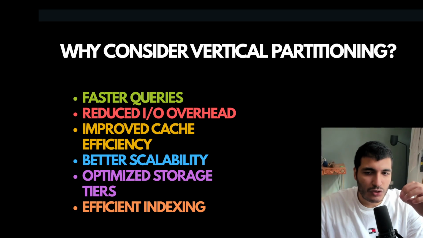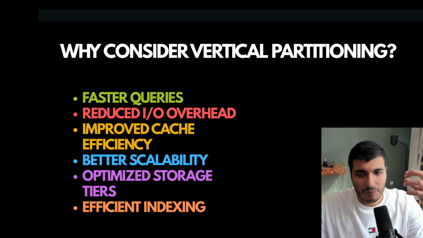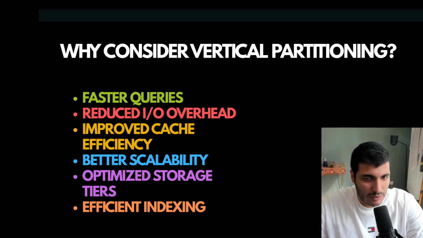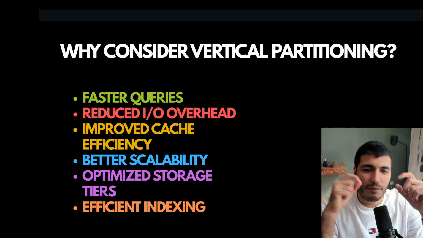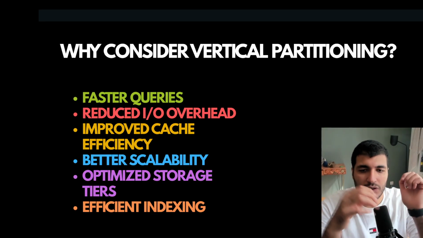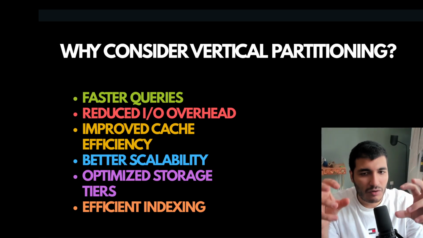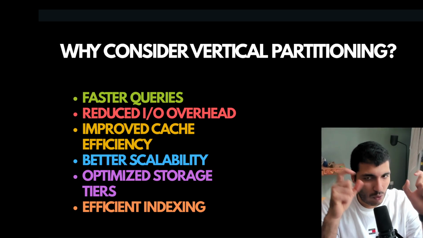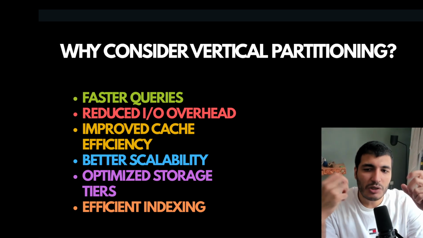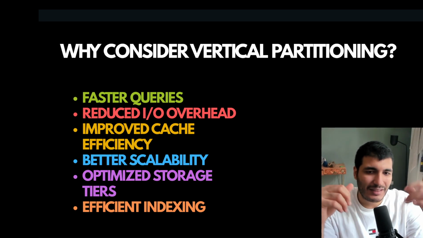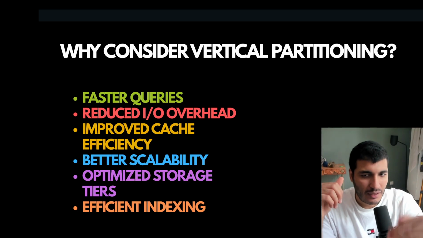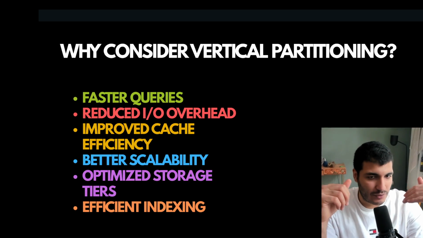By storing frequently accessed, what we call hot columns, separately from rarely used columns, or cold columns, you dramatically reduce the amount of data the database needs to read from the disk. Less disk I/O means faster operations.